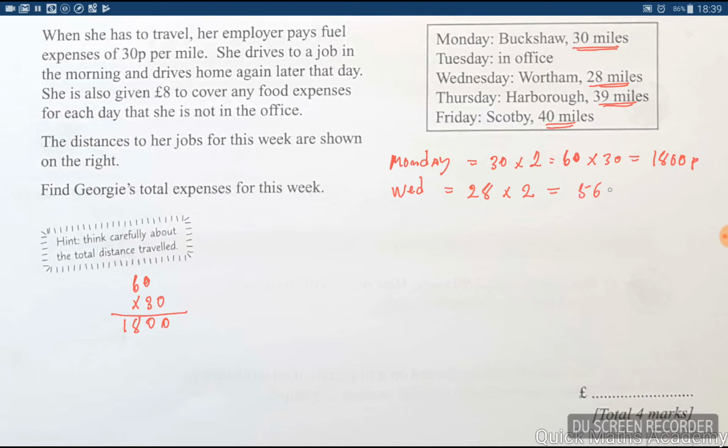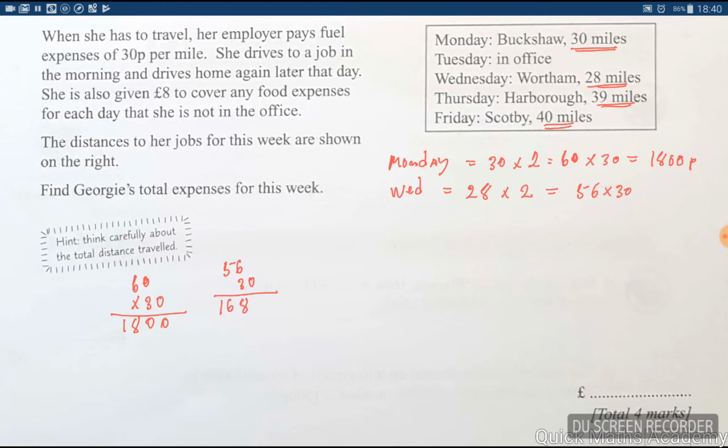If she drives 56 miles at 30p, let's do the math. 56 miles times 30p. 3 times 6, 18. We have a spare one. 3 times 5, 15, and 1, 16. So it's £16.80.